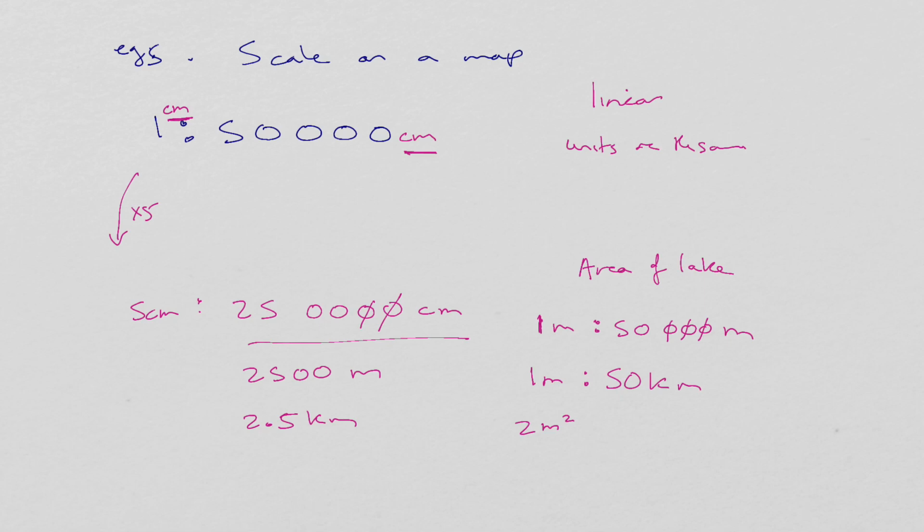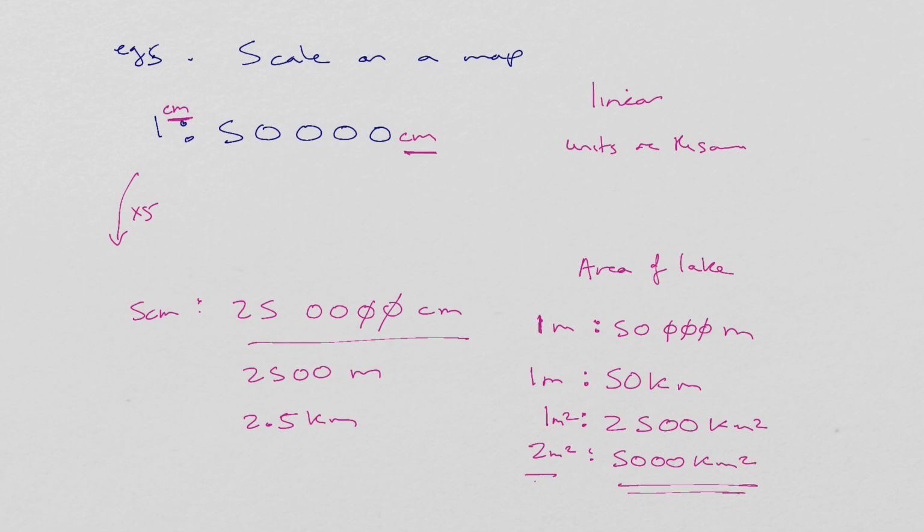And so my area ratio, I'm just going to replace this for now, is going to be 1 to square that, that will be that. So 1 meter squared, this is a hell of a big lake, is 2,500 kilometers squared. So our 2 meter squared lake is 5,000 kilometers squared.